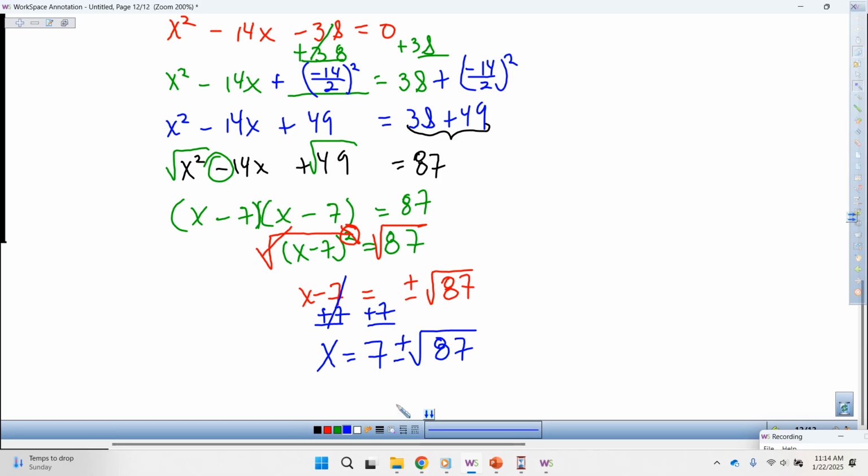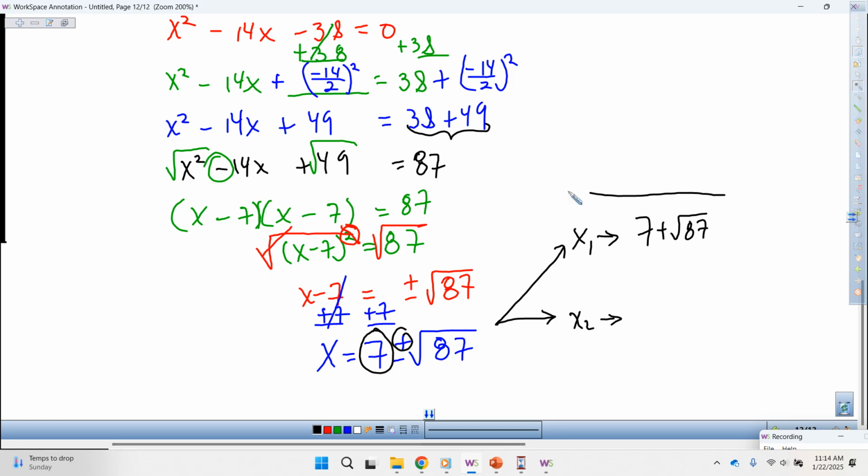So at the end, we need our 2 equations, x sub 1 and x sub 2. So x sub 1, look up, 7 plus square root of 87. That's one solution.